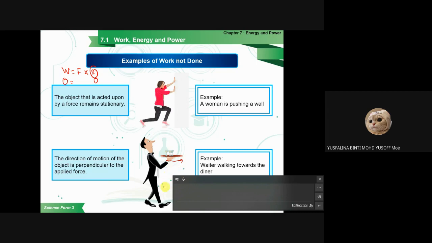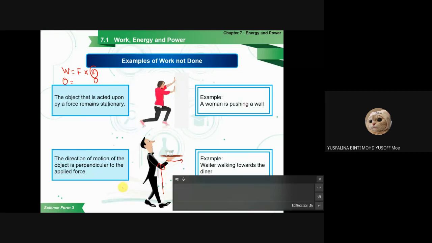Also when you lift the glass, you lift it up, so it is 90 degrees. When it is 90 degrees, the work is not done. So it must be in the same direction.